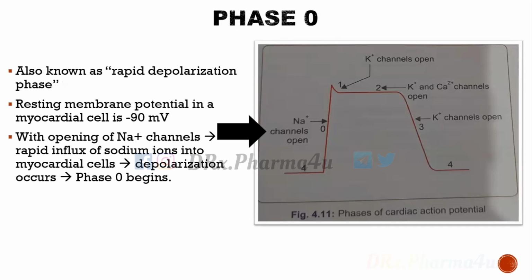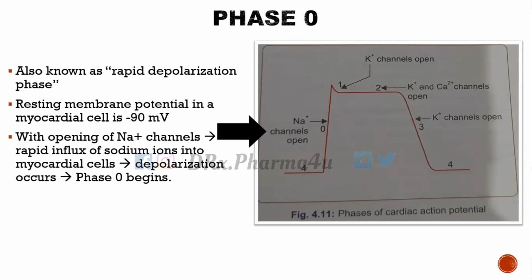It is also known as the rapid depolarization phase. Whenever an action potential is generated, first depolarization happens, and at the last stage the cardiac action potential returns to the resting membrane potential. So phase 0 is also known as the rapid depolarization phase.